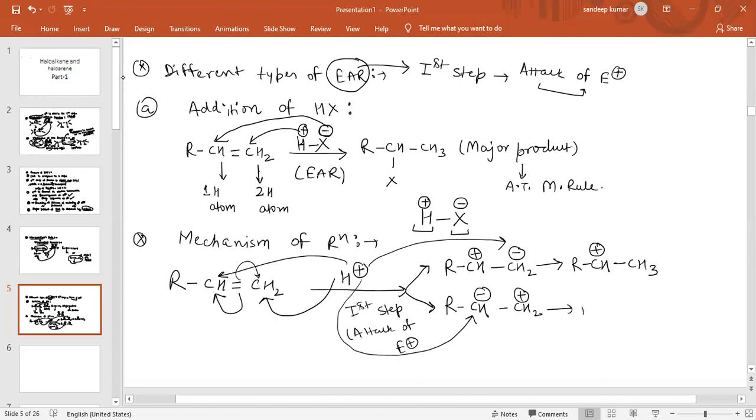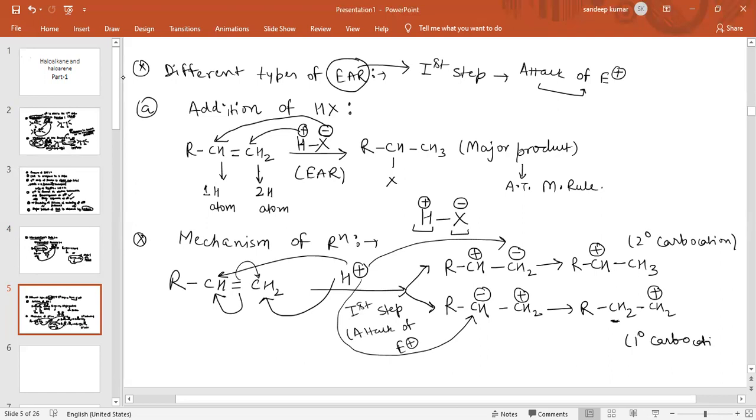Another possibility is RCH2 and CH2 positive. Now you can see positive charge on this carbon atom, and the neighbors of this carbon atom are 1 and 2. So this is 2-degree carbocation. While the positive charge on the other carbon atom has only one nearest neighbor carbon, so this is basically the 1-degree carbocation.